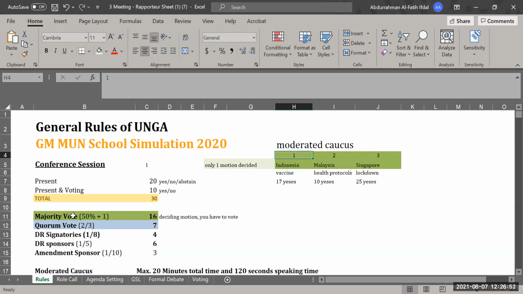The majority vote says that there should be a minimum of 16 for a motion to pass. Now see that 17 is higher than 16, which means that 17 is more than 16. And Indonesia proposes the motion the first time. So in simple rules, it can be decided that Indonesia is the one whose motion is decided. So the answer is Indonesia.